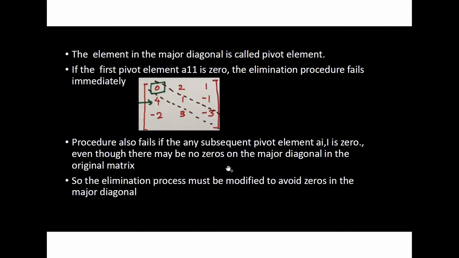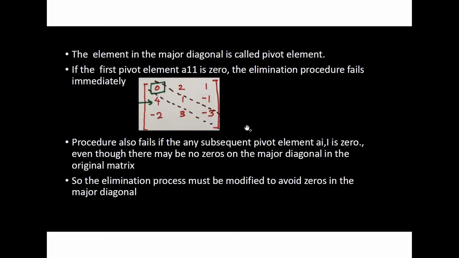Maybe n minus 1. For example, here, a 3 by 3 matrix. How many elimination processes are we doing? Two times. Actually 3 times, because we are eliminating first this element, second this element, and the third.